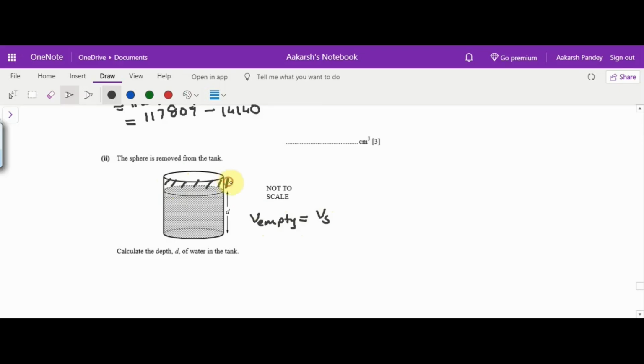So this height will be 60 minus d. Now because this empty part is another, smaller cylinder, its volume will be pi r square h. So pi times 25 square times h. Height is 60 minus d. And volume of sphere is 14140.